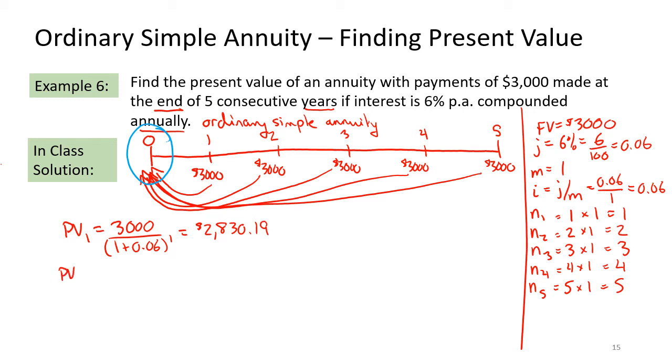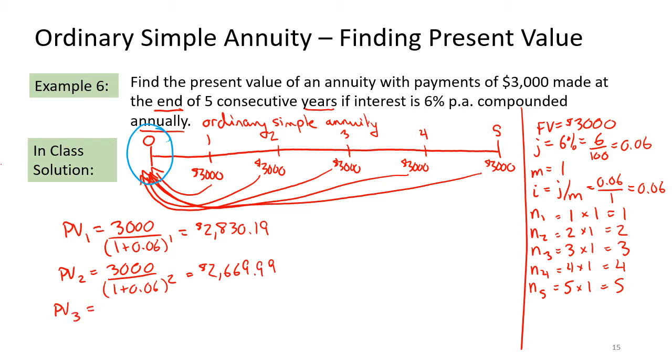For deposit 2, it's 3,000 divided by 1 plus 0.06 to the exponent 2. Remember, we're 2 years in the future. And that's $2,669.99.